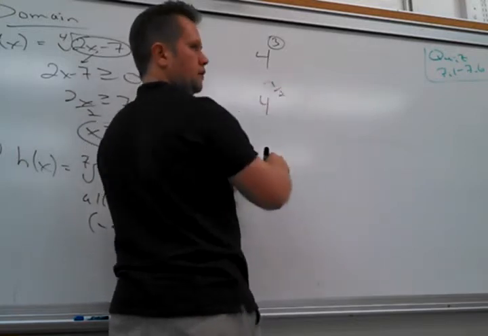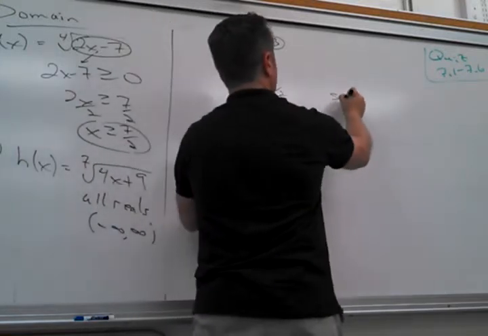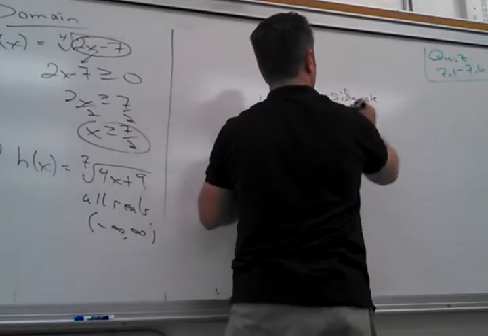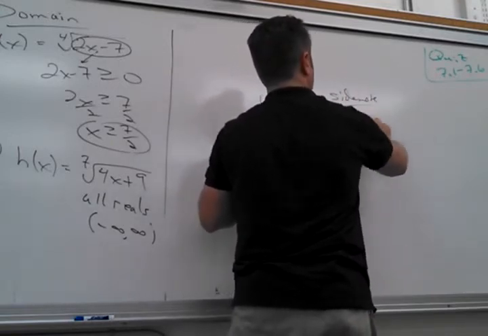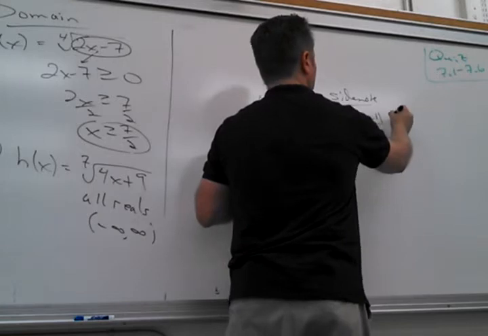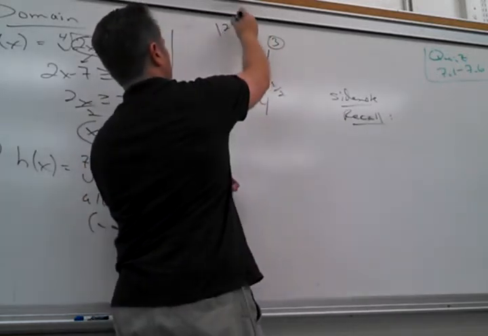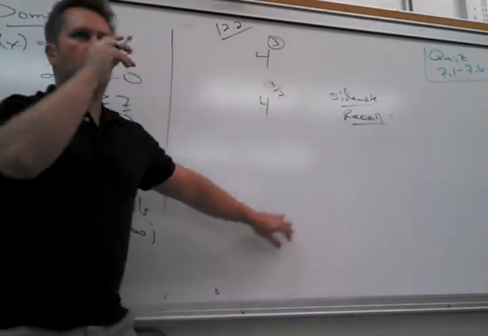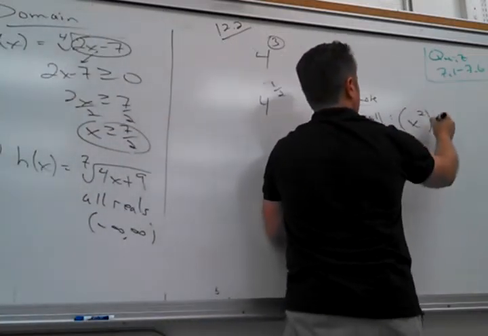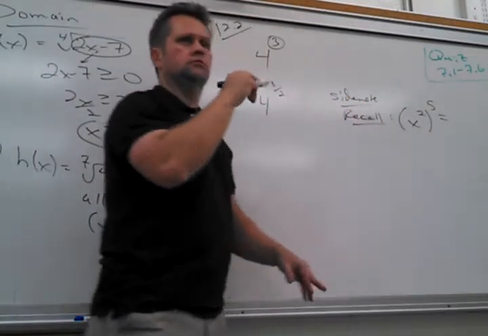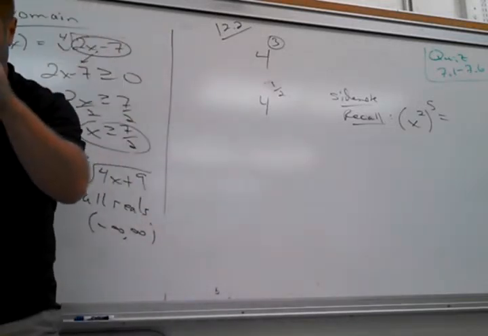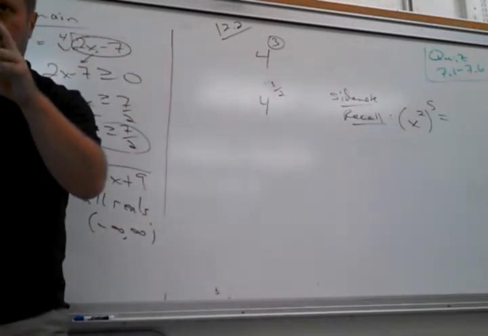And a little side note. Recall, this is 12.1. This is 12.2. So recall, what is x squared to the 5th power? x to the 10th. It's x squared times x squared times x squared times x squared times x squared.